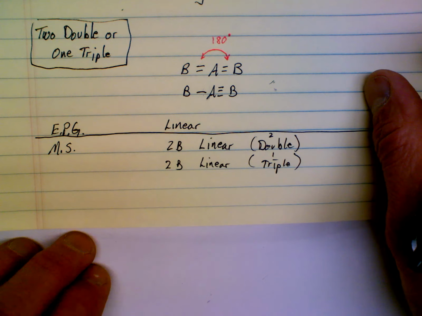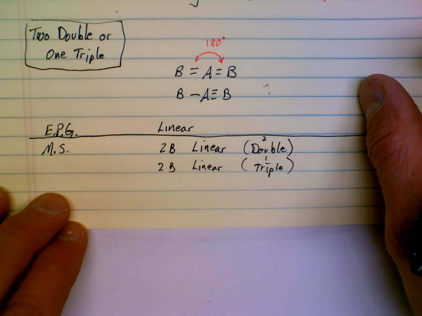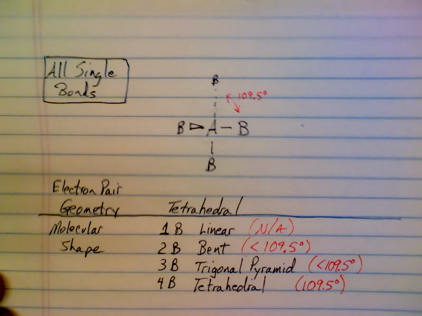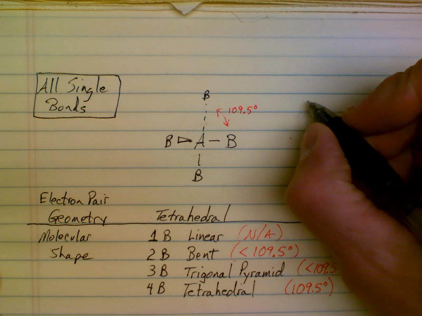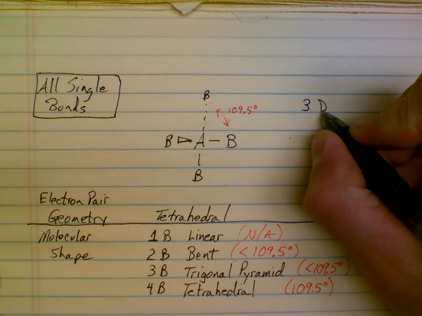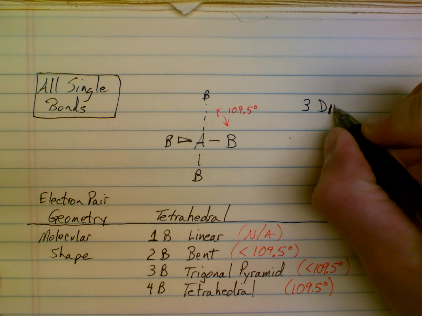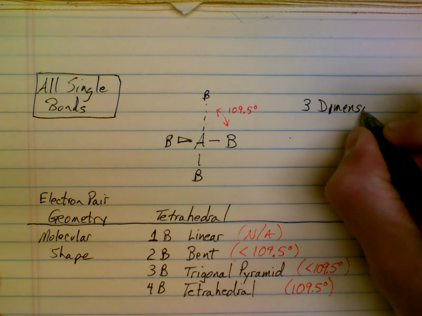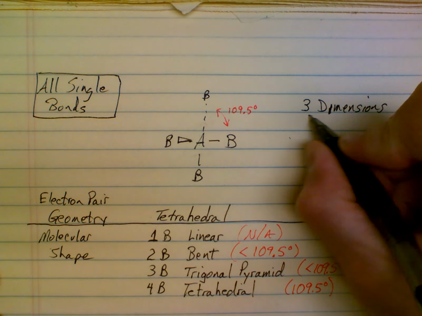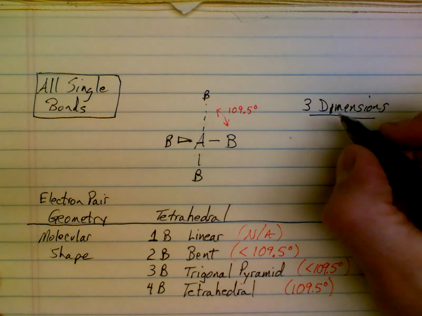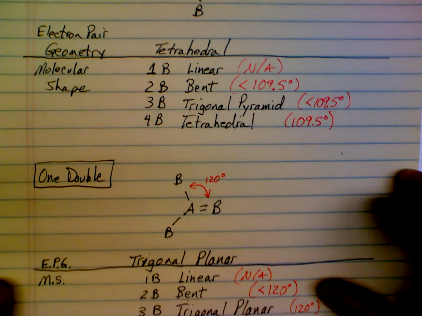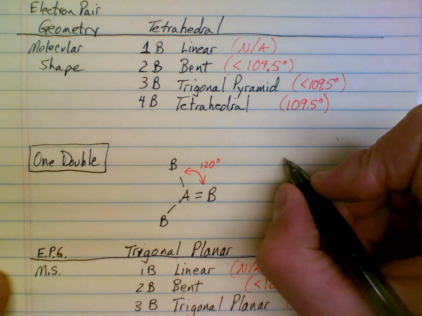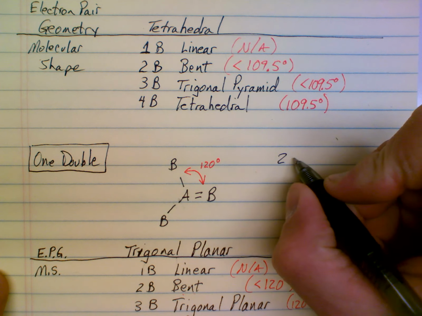And so the complexity of the molecules gets worse with single bonds. So going back to the original, when we just had all single bonds, this is going to occupy three-dimensional space. When we consider one double bond, this is now going to occupy two-dimensional space.